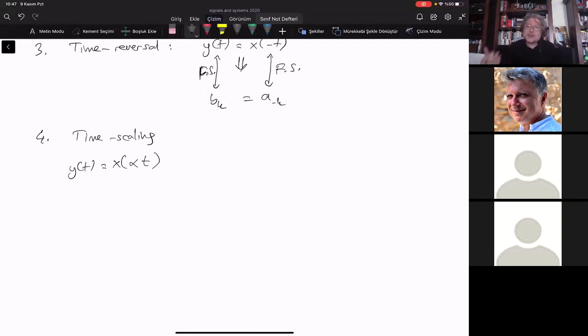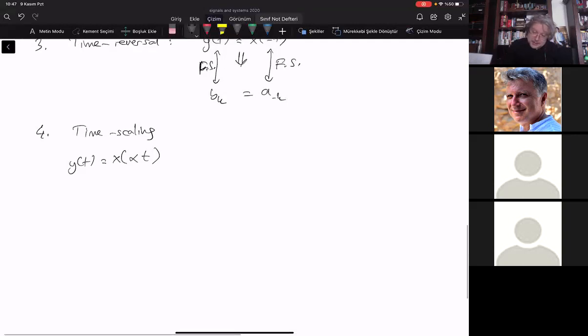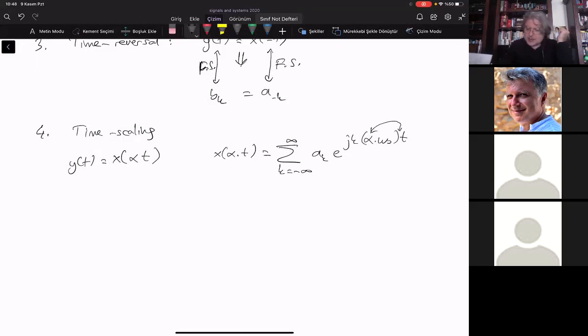What happens to the Fourier series coefficients? It starts from here. X of alpha times t will have a Fourier series representation like this: a_k e to the j k alpha times omega 0 times t. Normally, of course, alpha is multiplying t, because it's x of alpha times t. So alpha was actually here, but I put it now here, and it looks like multiplying omega 0.